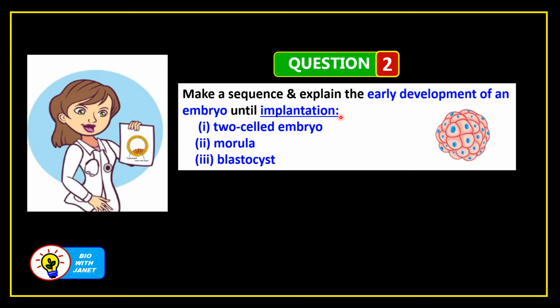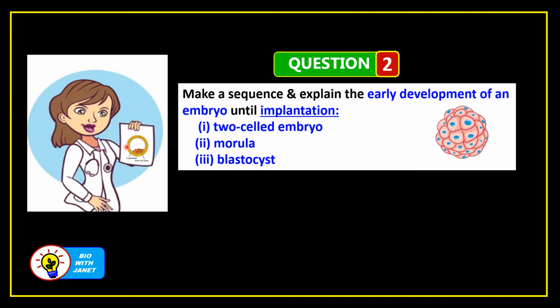We are going to discuss the formation of the two-celled embryo, which contains only 2 cells, and then the morula, which is a ball of cells as seen here, and finally the blastocyst, which is a ball of cells with a hollow center that's fluid-filled.